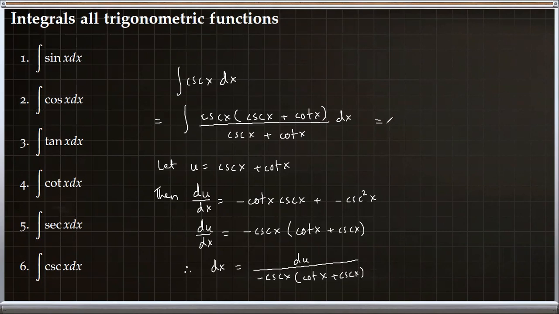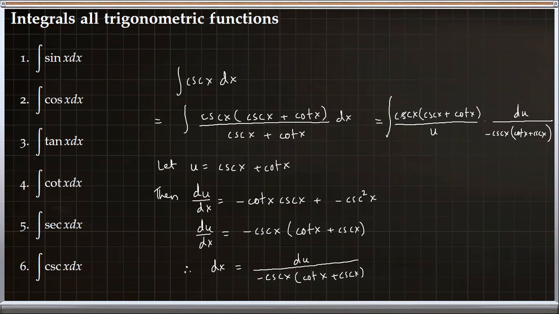So therefore, this integral becomes: on the top we have cosecant of x plus cotangent of x, divided by u, since we let this denominator part be u, times du divided by negative cosecant of x times cotangent of x plus cosecant of x.